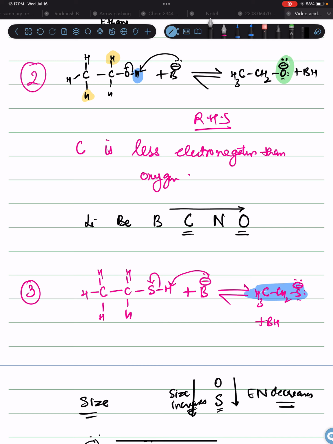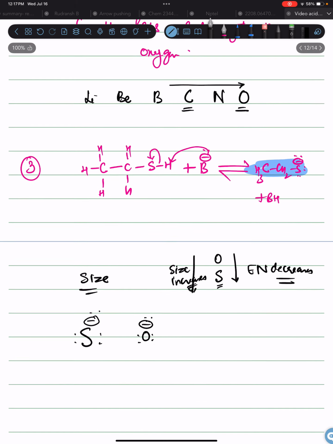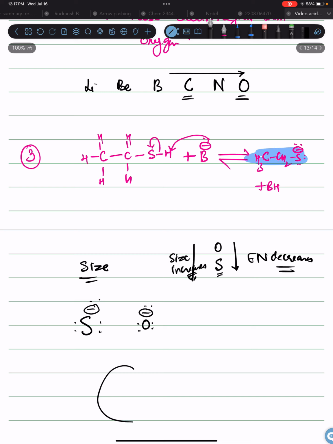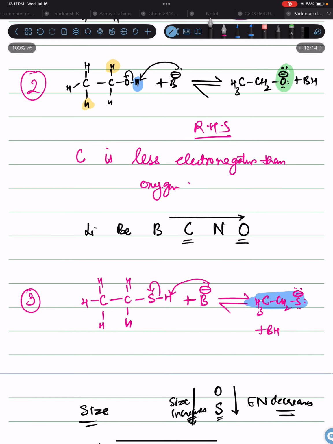I repeat, although if we go by the electronegativity, then the negative charge on oxygen is more stable as compared to that on sulfur, but here the factor which dominates is the size. Since the size of sulfur is bigger, bigger sulfur will accommodate that negative charge easily, that would be spread around it, while smaller oxygen will not be able to accommodate the negative charge to that extent, in a better way.